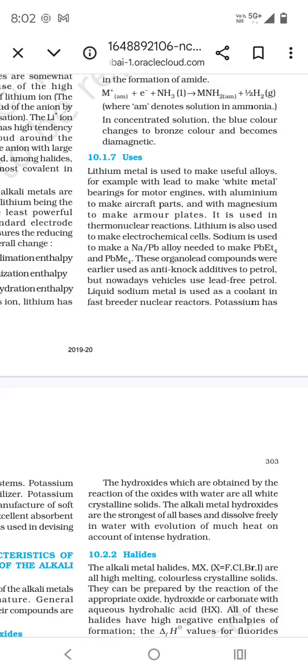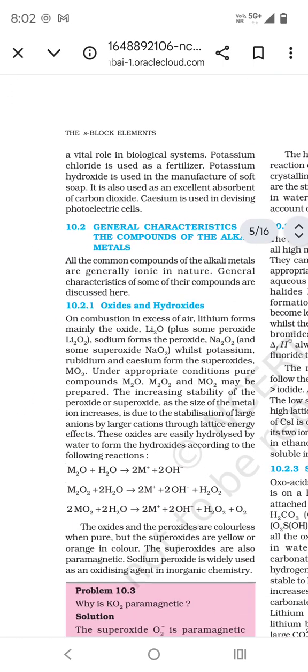Sodium is used to make the sodium-lead alloy needed to make PbEt4. These organolead compounds were earlier used as anti-knock additives to petrol, but nowadays vehicles use lead-free petrol. Liquid sodium metal is used as a coolant in fast breeder nuclear reactors.